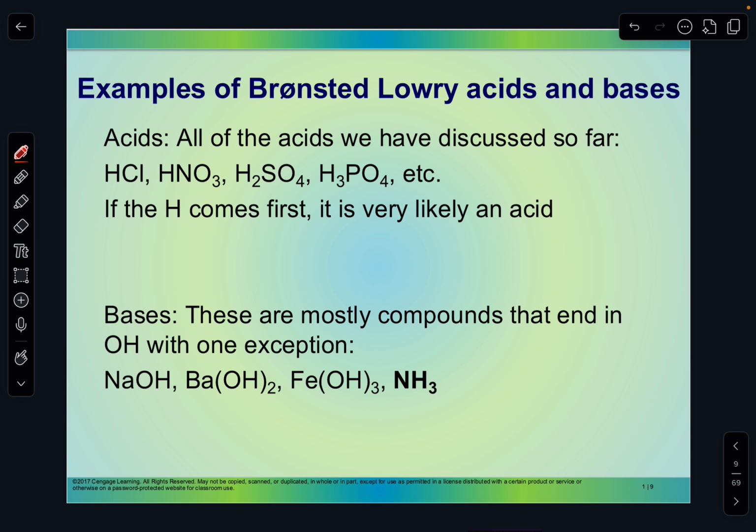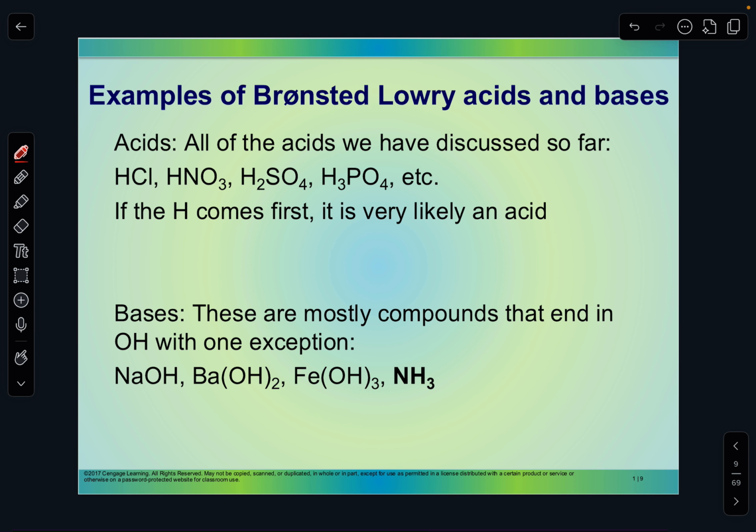Bronsted-Lowry acids and bases. All of the acids we've discussed so far are going to be Bronsted-Lowry acids. These are the common ones where you have binary acids, HCl, hydrochloric acid. We have nitric acid, sulfuric acid, phosphoric acid. And the way to identify these is if the H comes first.